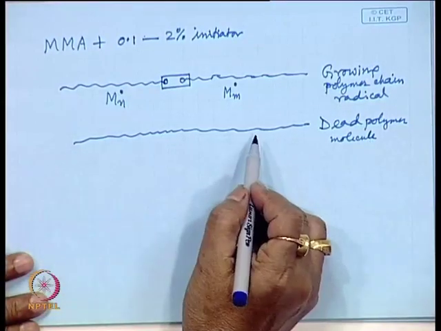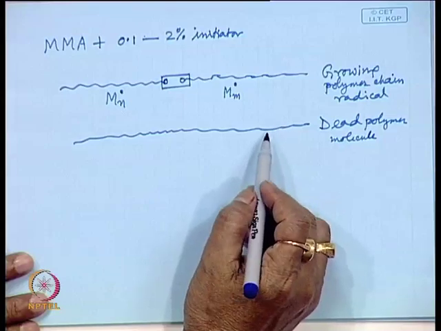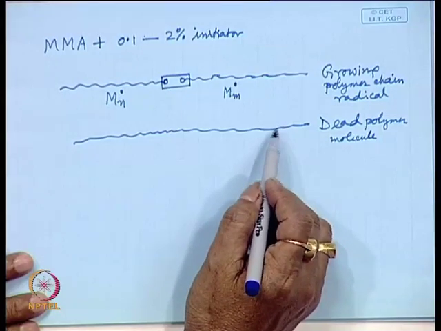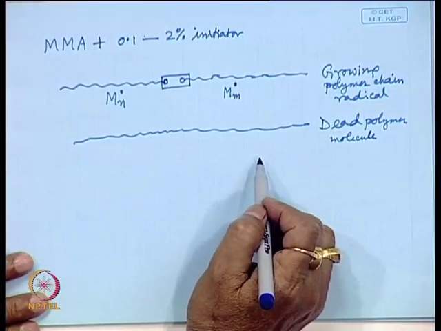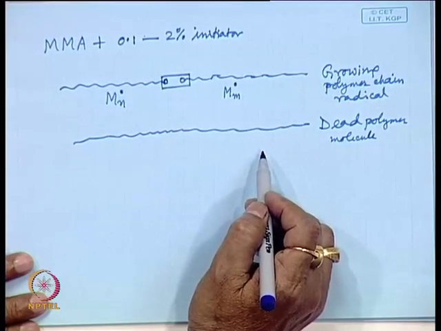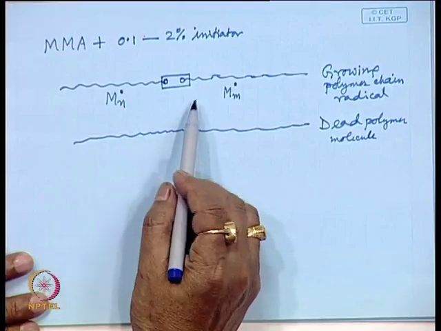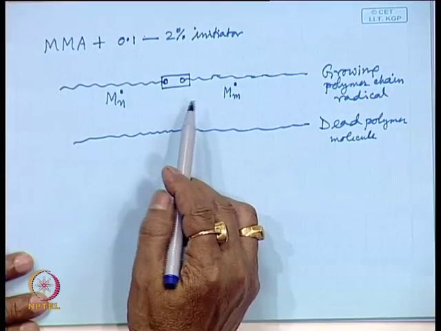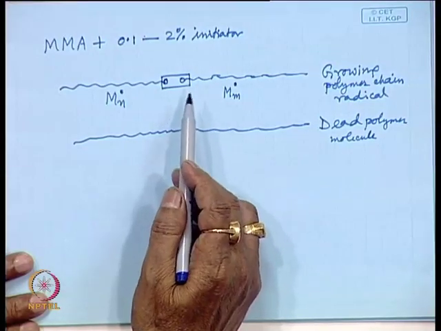It is no longer capable of adding more monomers, it is dead. Its radical or growth activity is annihilated, stopped or terminated. This kind of termination is known as termination by coupling of growing chains.